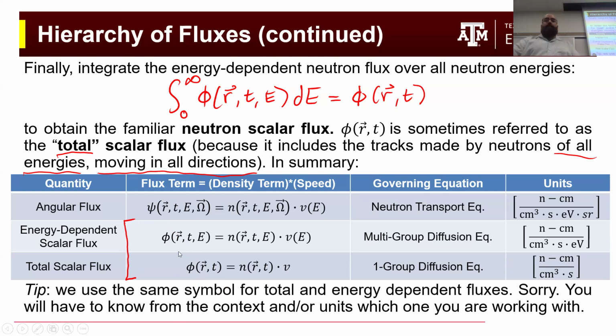If you're given some scalar flux and it has an energy argument within it, then you know that it's an energy dependent flux and it has those per eV units in the bottom. Whereas if you get a flux that just has path length rate per unit volume, then you know that it's the total flux and that it's already been integrated over all energies.